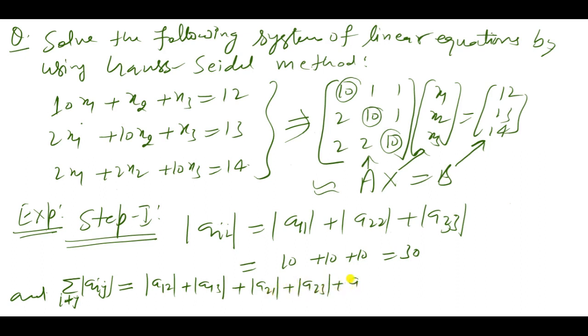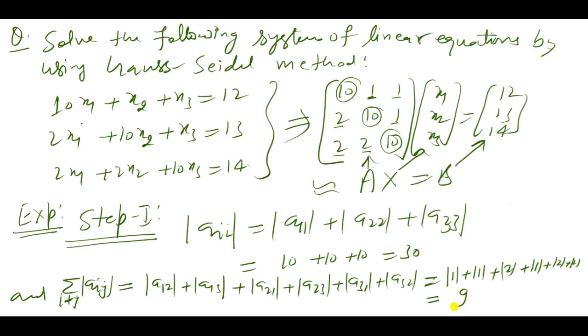So when we add, that is |1| + |1| + |2| + |1| + |2| + |2|, after simplification this value is equal to 9.